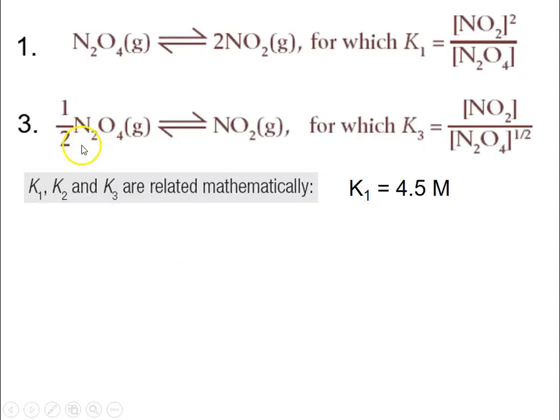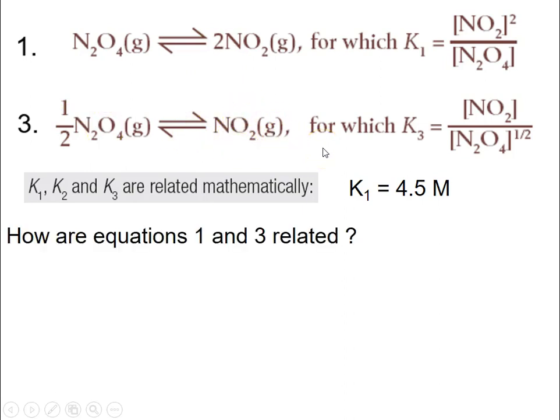Okay, so the other one, this is our original reaction with our first original K value, which was 4.5, and this is the new one. So if you have a look at this reaction, it is exactly the same as the first one. It's just half. So instead of 1 here, you've got half, and instead of 2, you've got 1. So the whole thing is half of the first one.